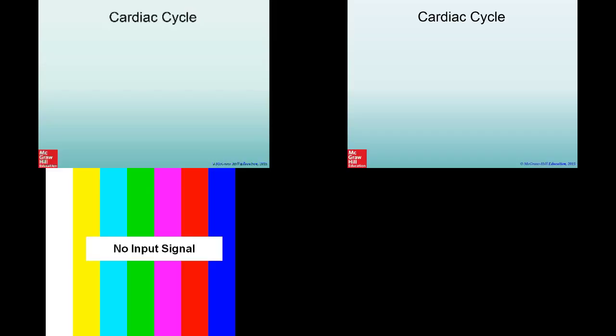Cardiac cycle. The cardiac cycle begins at the beginning of the P wave and ends at the beginning of the next P wave. So one complete cardiac cycle includes all of the electrical and mechanical events that occur between two P waves.